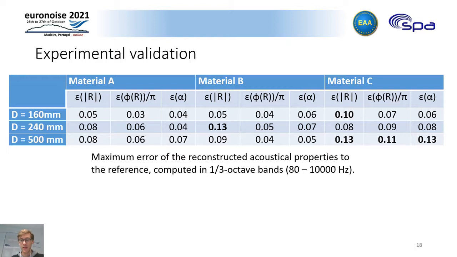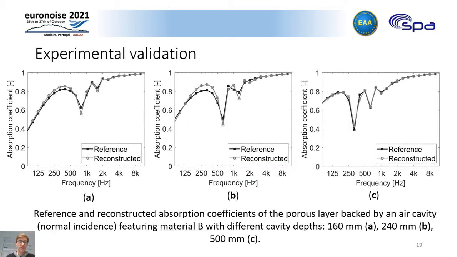And it's very clear to see here that for material C, the error is a bit larger when reconstructing the absorption coefficient and reflection coefficient, especially when the air gap is the largest. So for a graphical representation of this error, here is the comparison of the reference value and the reconstructed value of the absorption coefficient for material B for the three different air cavity depths that we used.